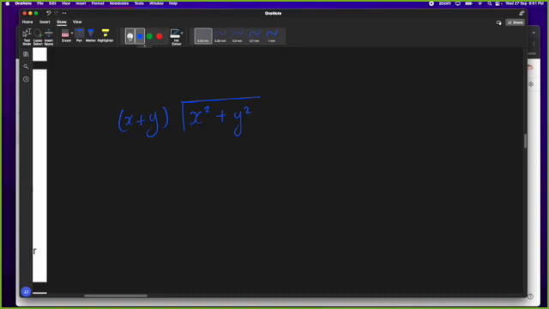So we know we want to get rid of x squared first. So I'll put x. X times x, with the big minus sign, is x squared. X times y is plus xy. So that means this goes to 0, and I'll have y squared from on top plus xy.